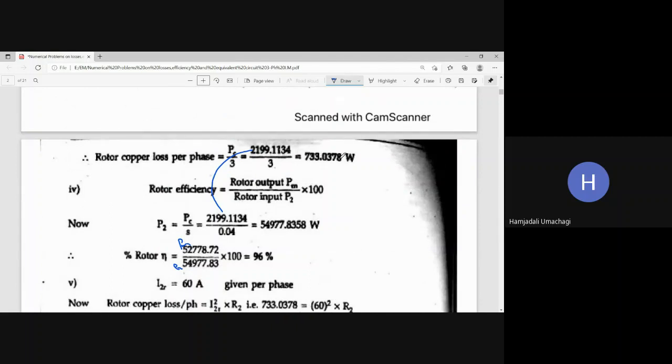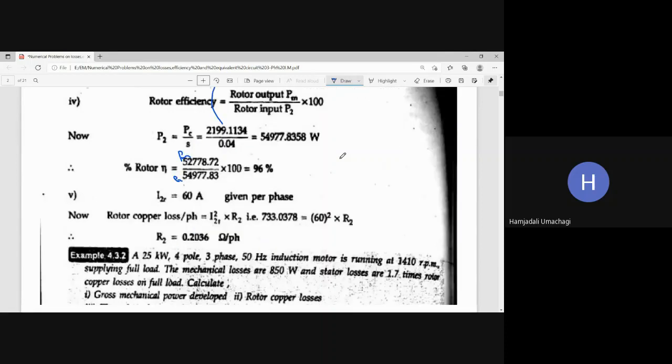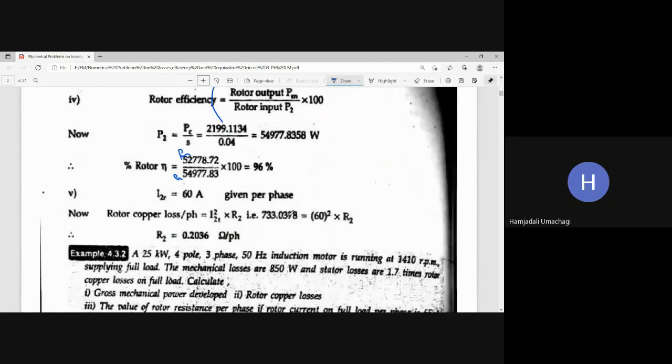So 733.0378 equals 60 squared times R2. After solving, R2 is 733.0378 divided by 3600. Finally, we get the rotor resistance per phase as 0.2036 ohms per phase.